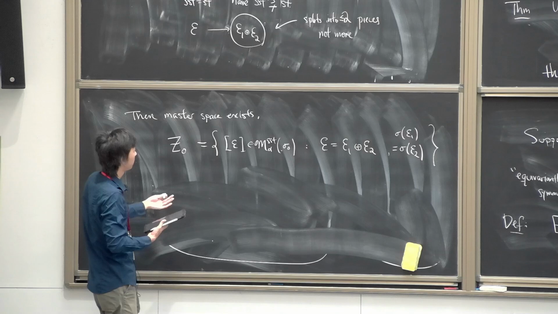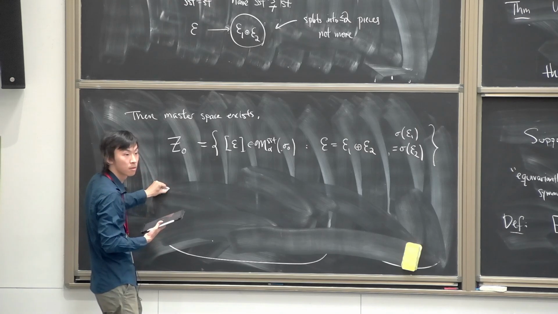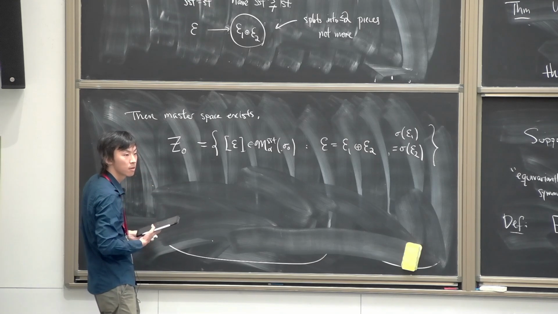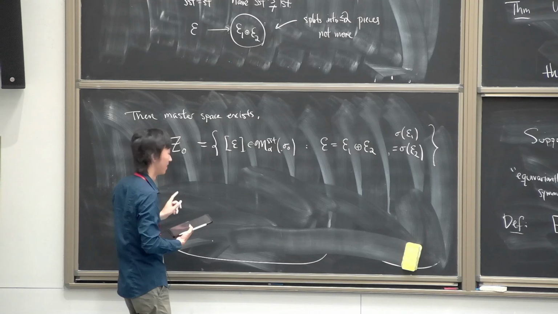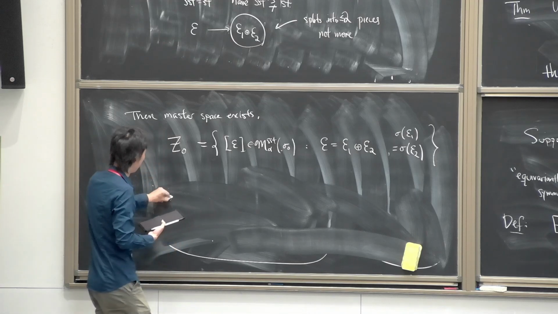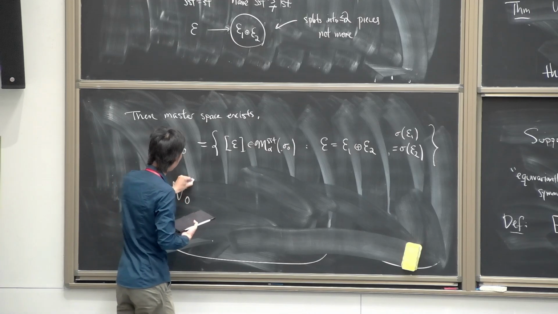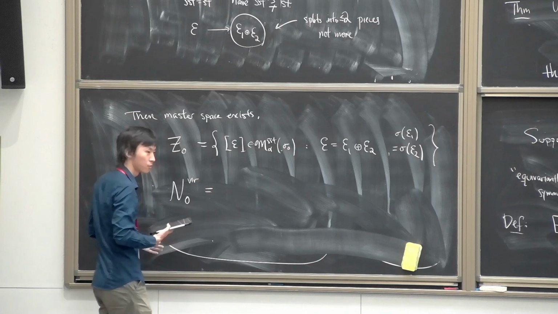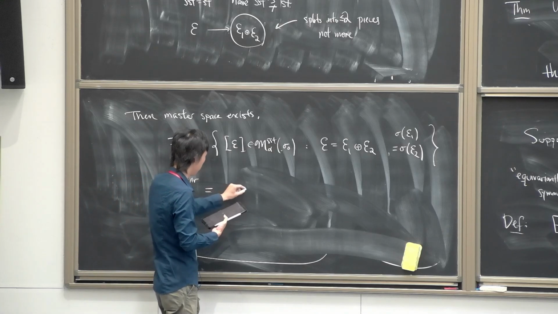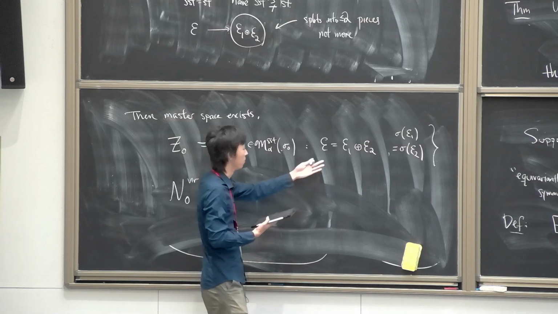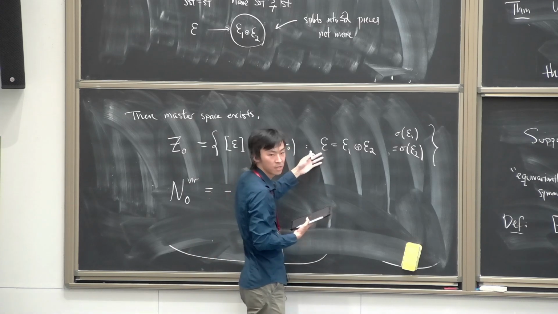And so it's not so hard to see the virtual normal bundle here looks something like the cross terms when you try to compute Ext of E with itself.